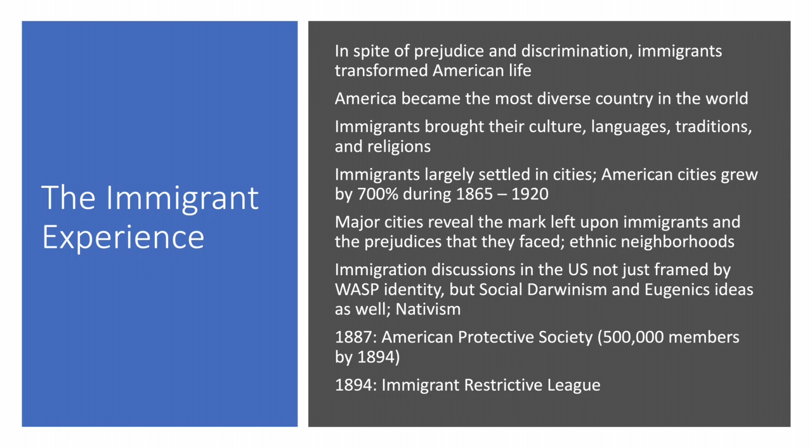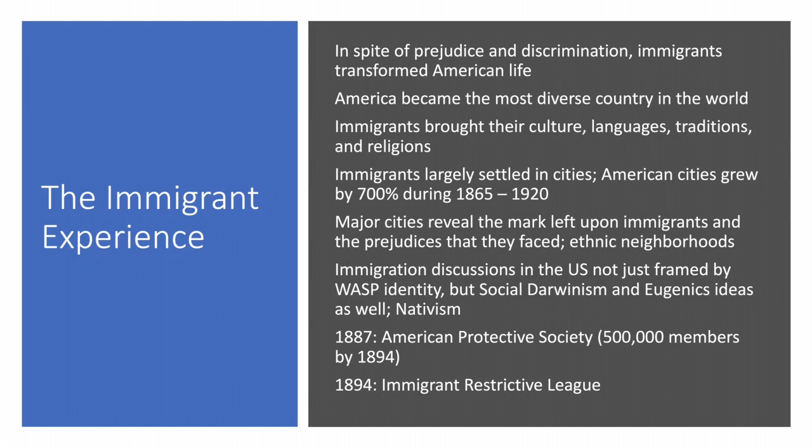New York City in 1890, 80%. 80% of that city was either immigrants or the children of immigrants in 1890. Milwaukee and Detroit were 84%. Immigrants were transforming American cities. Now, the mark they leave upon these cities reflects both the diversity of their heritage and the prejudices that they faced.